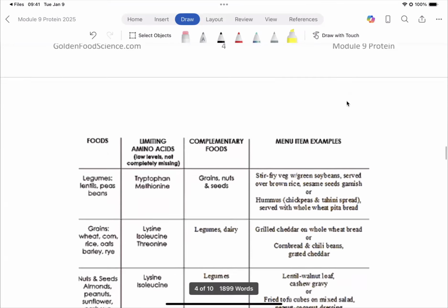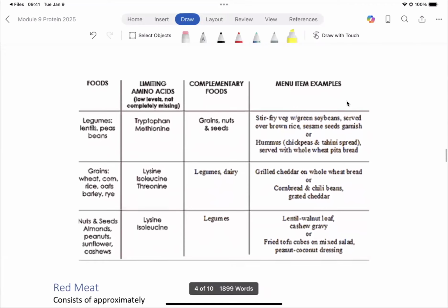And if we look at the foods right here on this chart, we can see that legumes are limited in the essential amino acids tryptophan and methionine.